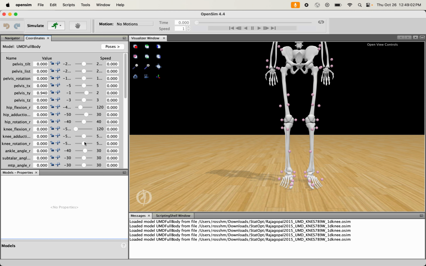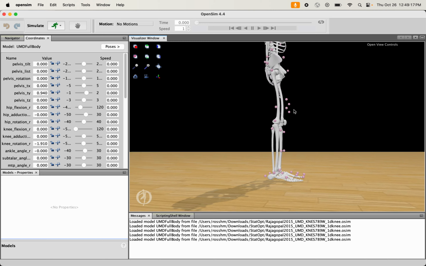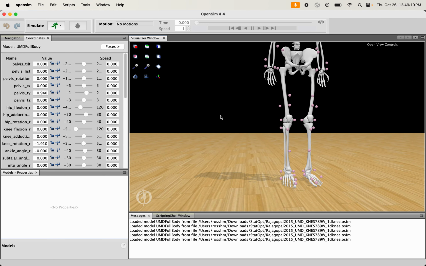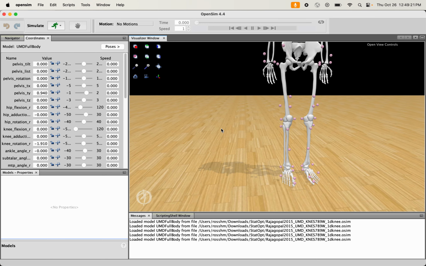And now when I change my rotation, I have independent internal-external rotation of my knee. Okay, so that is how you would go about adding degrees of freedom to an existing model like a 1 degree of freedom knee to make it a multi-degree of freedom knee.